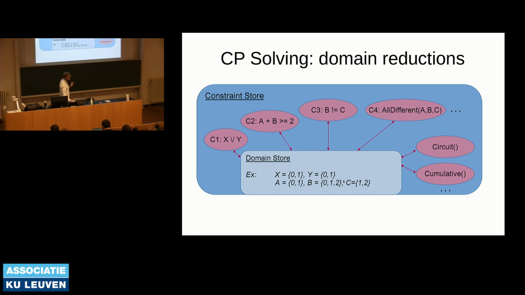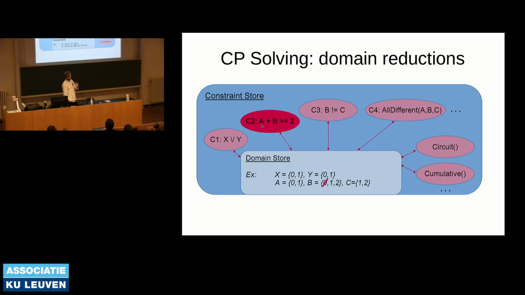So does anybody see whether any of these constraints, let's say the first 3, can eliminate something from the domain store? Is there some combination of values that is impossible, that one of these constraints says no to? Yeah? B equals 0? Yes, exactly.